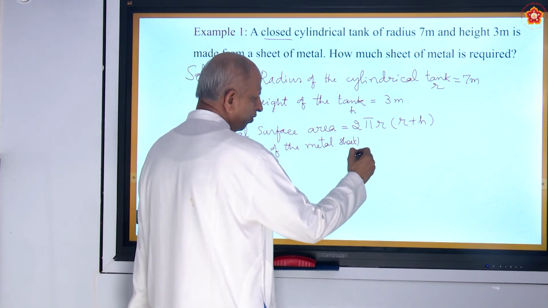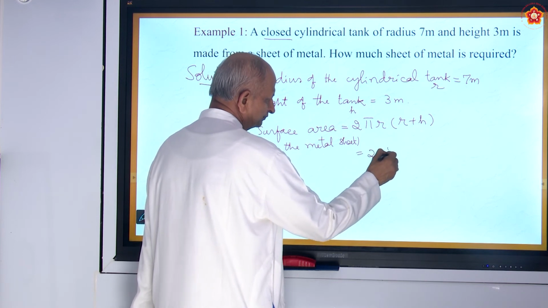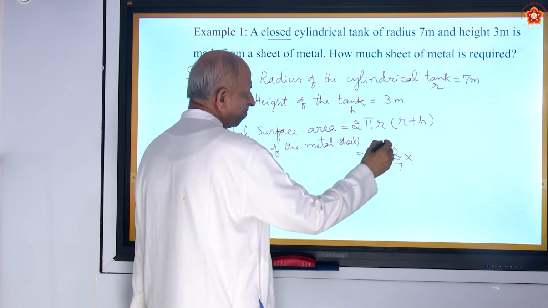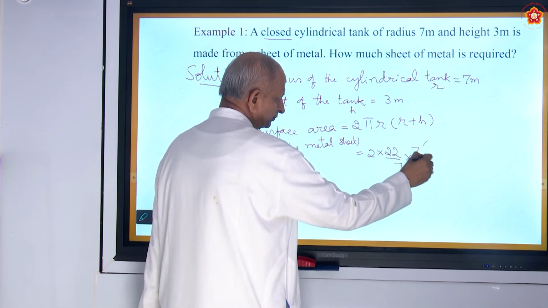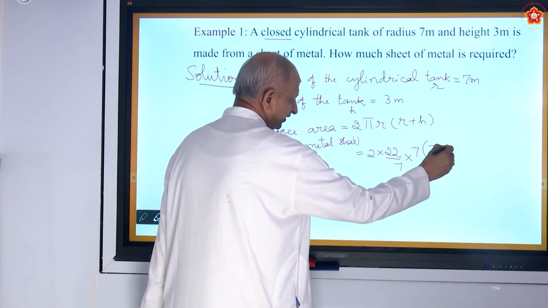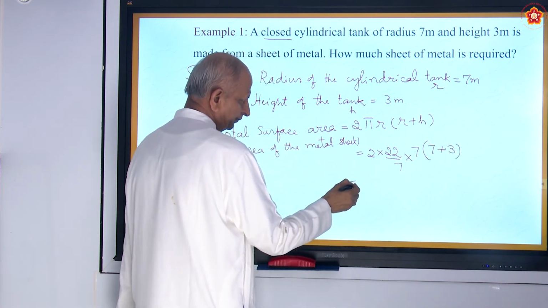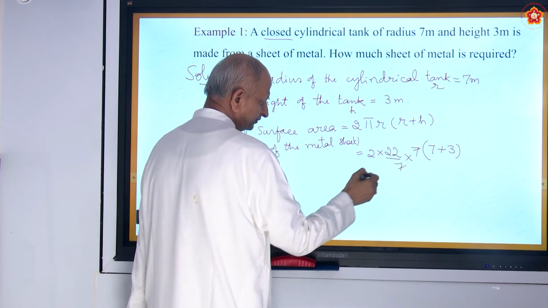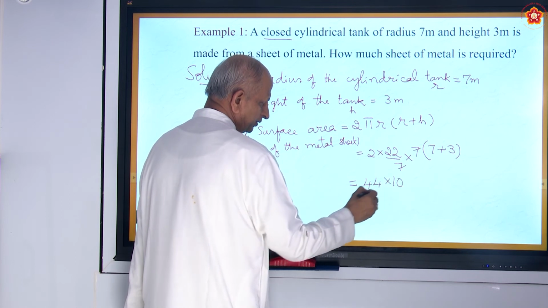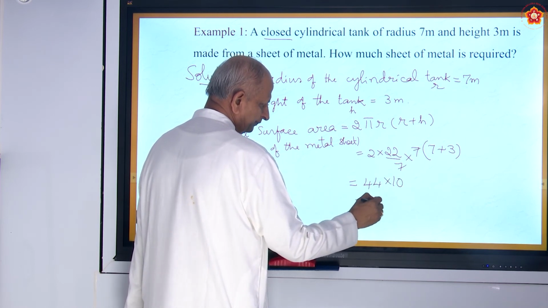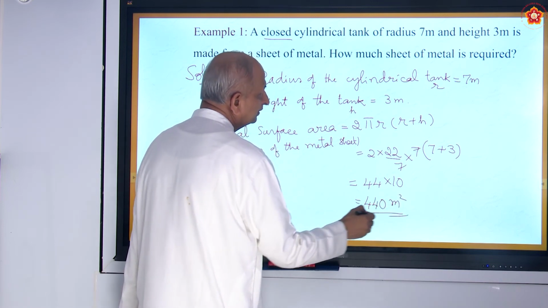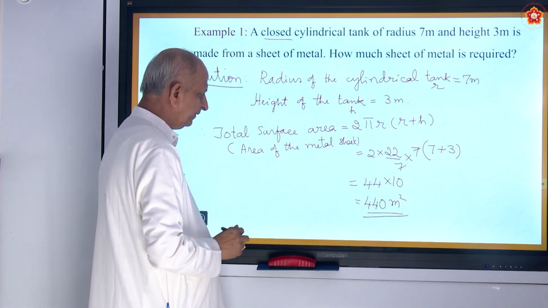So 2 into pi, 22 by 7, into r, 7, into r plus h. H is 3. So 7, 7 cancels. This is 44 into 10, that is 440 square meters, because both are given in meters.